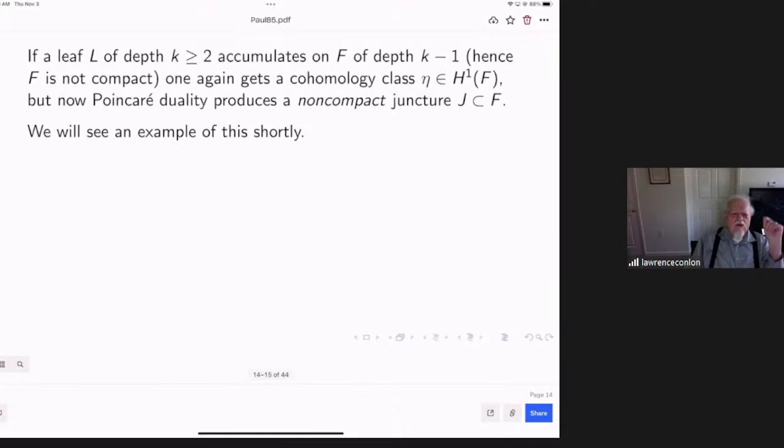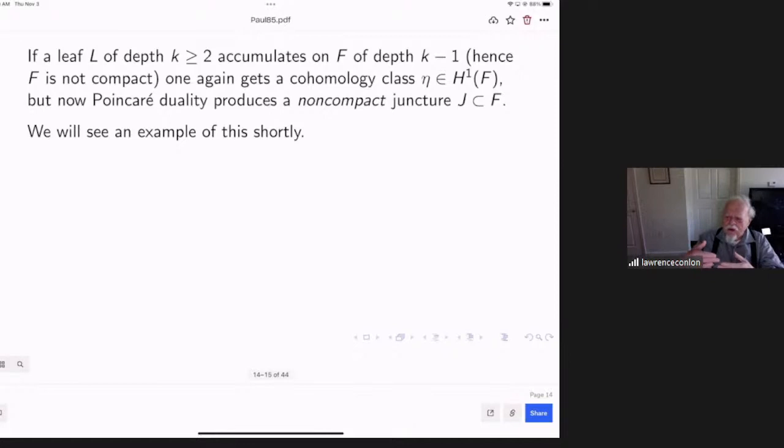Now, if a leaf of depth greater than 1 accumulates on a leaf of depth at most 1, so F in this case is not compact, you again get a cohomology class very much the same way, but now Poincaré duality produces a non-compact juncture.